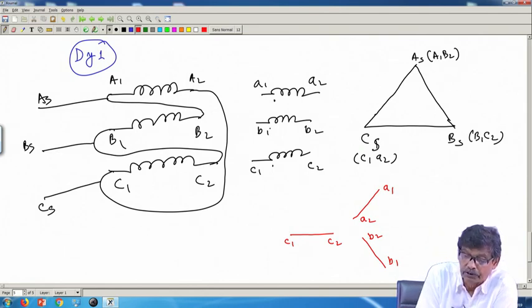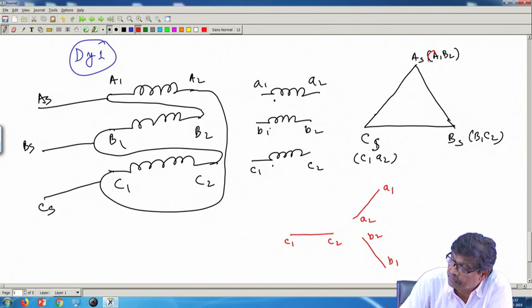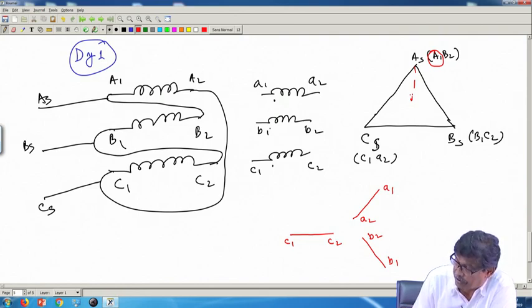But since you want to connect D Y 1, what you would like to have? Your A1 voltage with respect to neutral here, that is this voltage, secondary small a1 must be, I mean that way.